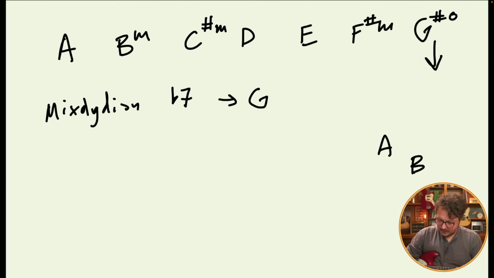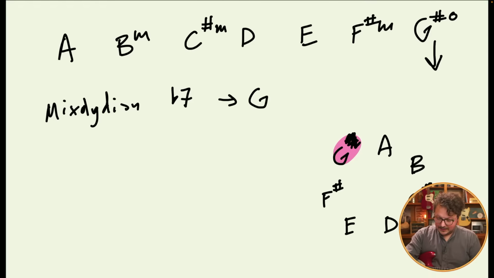A, B, C sharp, D, E, F sharp, G sharp, A. So here, if instead of G sharp, we have now just a regular old G, well, that takes a chord that was G sharp, B, D, and it turns it into just G, B, and D.